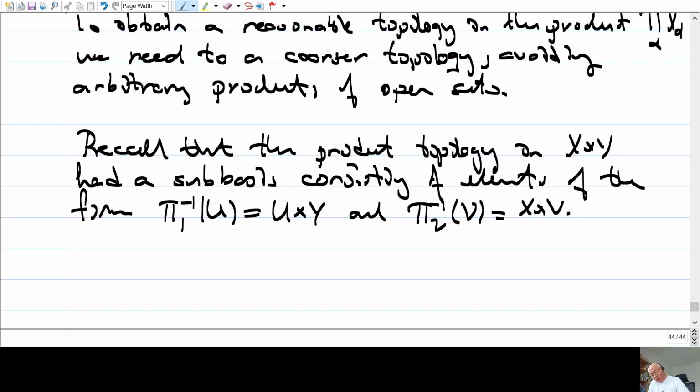So this wasn't a basis, this was a sub-basis, and taking finite intersections of these elements, one obtains a basis for the product topology. What we will do is just generalize this definition of the product topology.